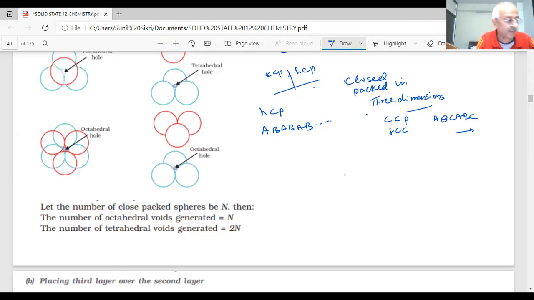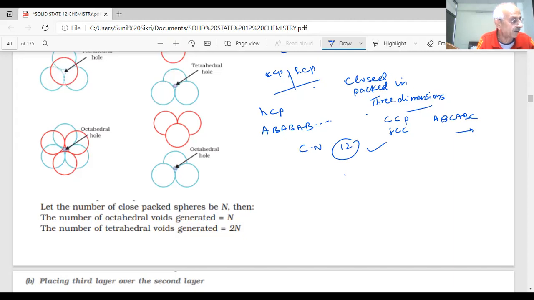In both these cases, we have shown you the percentage of space occupied. Both are closed pack structures. In both cases the coordination number is 12. Very important question, they have asked this in the paper. What is the coordination number in a three-dimensional closed pack structure?